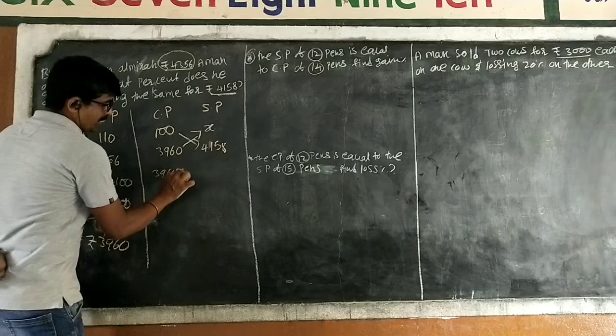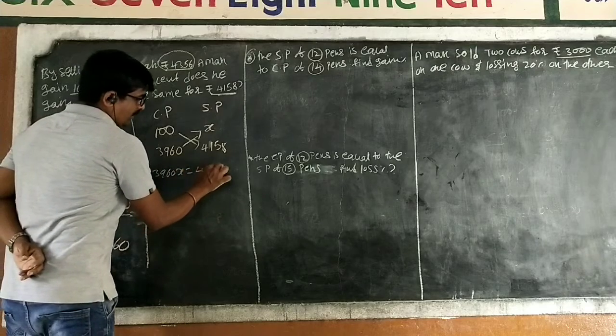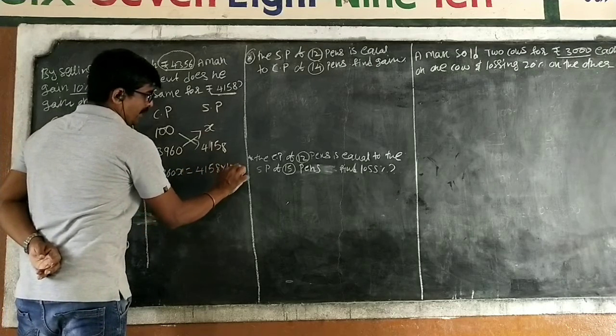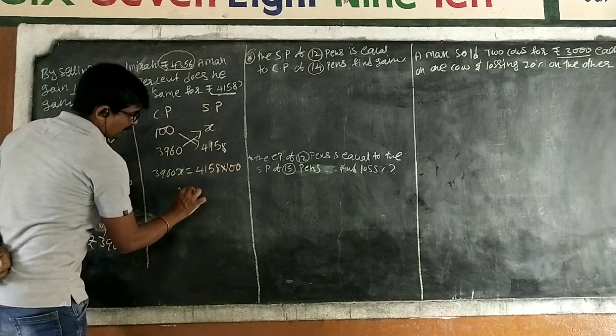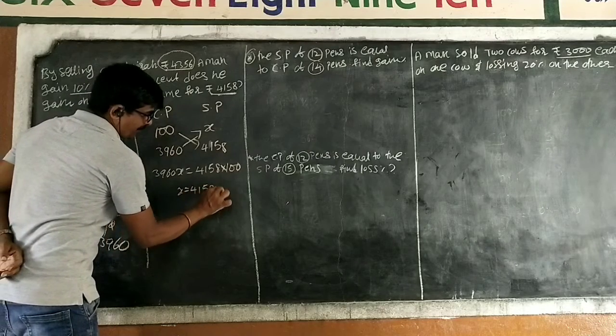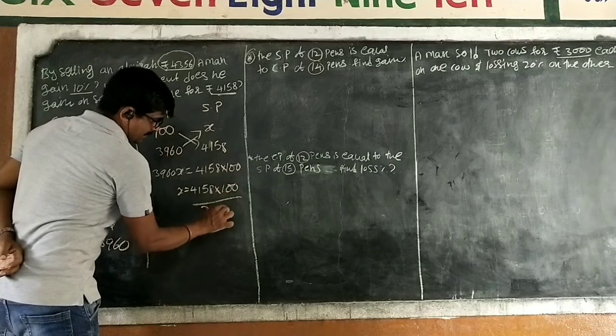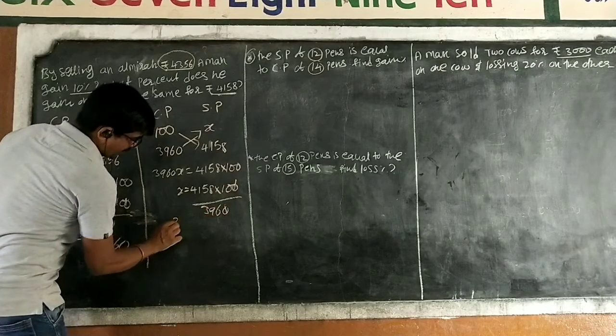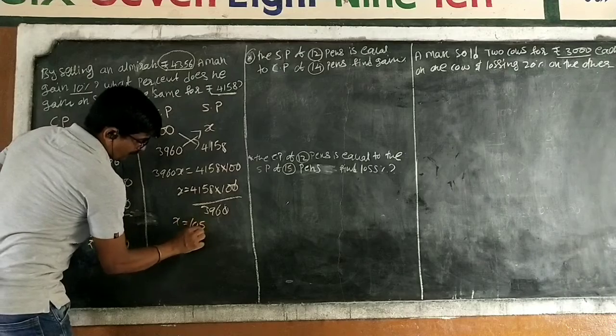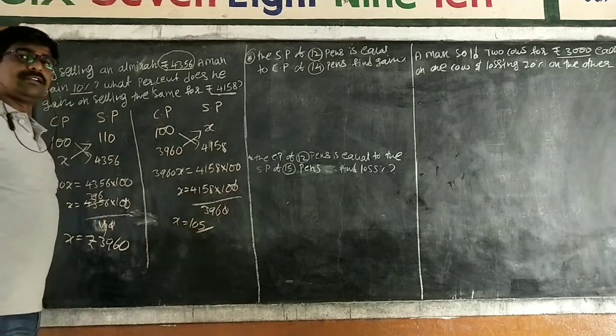Simply do cross multiplication. 3,960 into x is equal to 4,158 into 100. X is equal to 4,158 into 100 by 3,960. Simplifying, we get x is equal to 115.